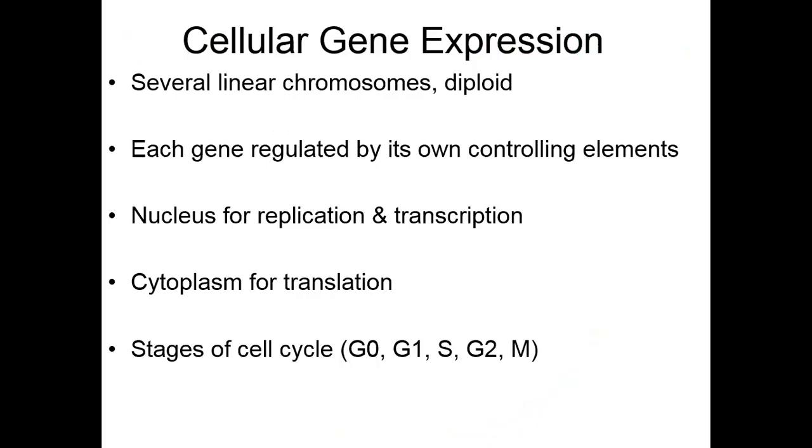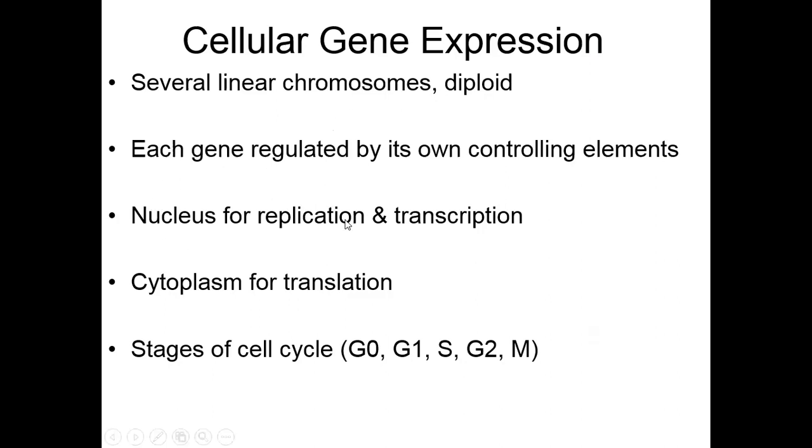The next concept is cellular gene expression. We have linear chromosomes. In humans, we have 23 pairs of it. And this is called diploid. Each gene in the body is regulated by its own control elements. These control elements include a promoter and enhancers.